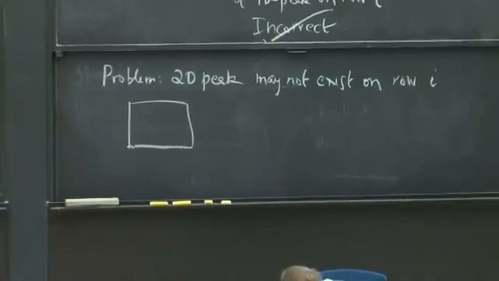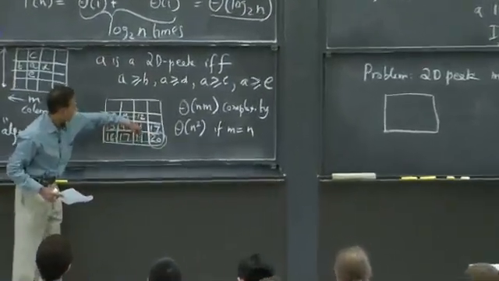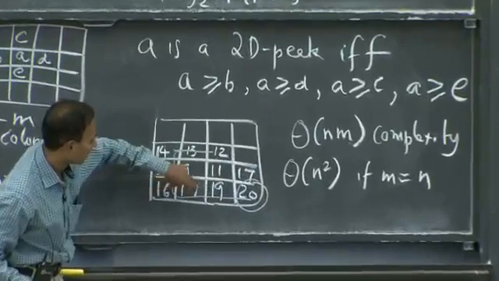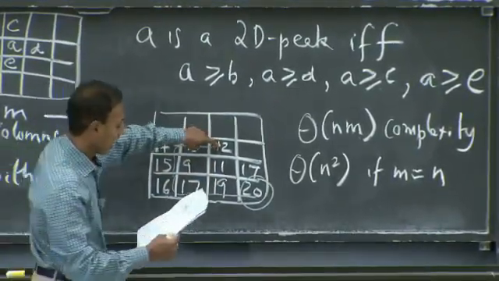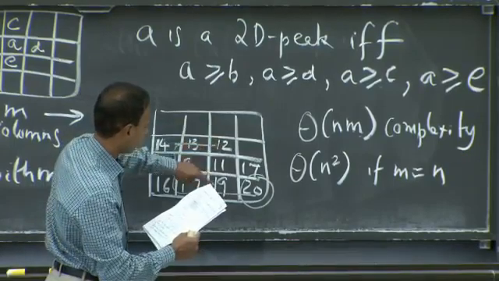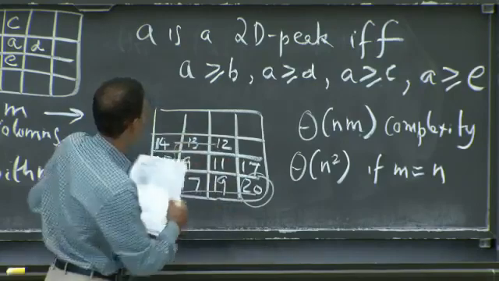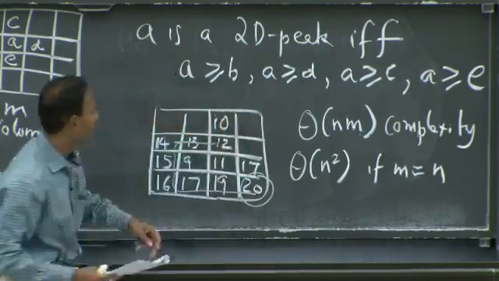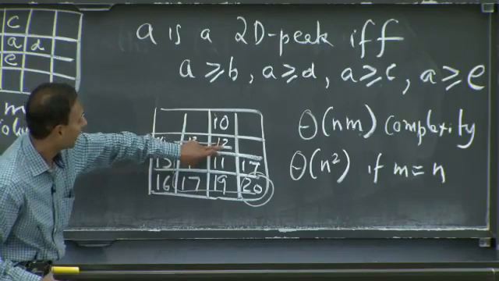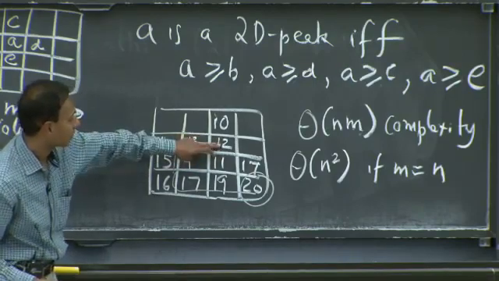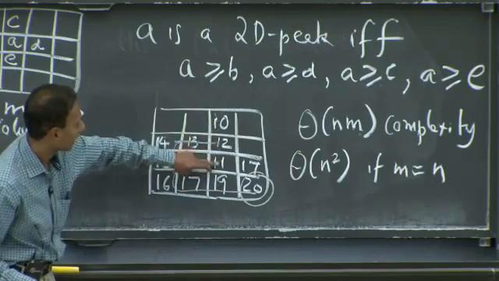Let's say that I started with this row. Since I'm starting with the middle row, I could start with this one or that one. Let's say I started with that one. I end up finding a peak, and if this were 10 up here, I choose 12 as a peak, and it's quite possible that I return 12 as a peak, even though 19 is bigger, because 12 is a peak given 10 and 11 up here.